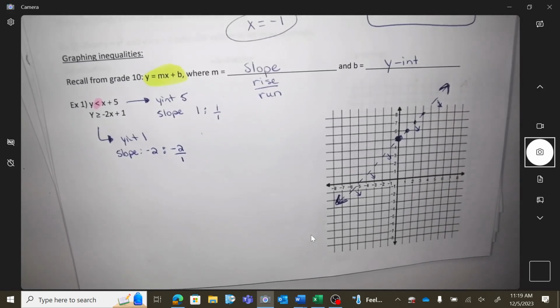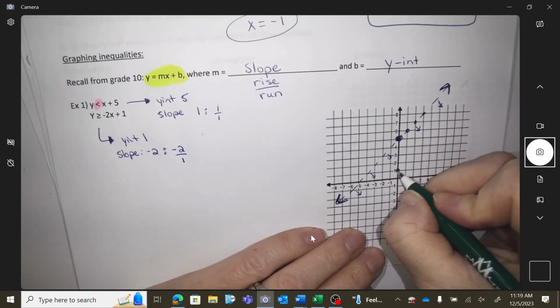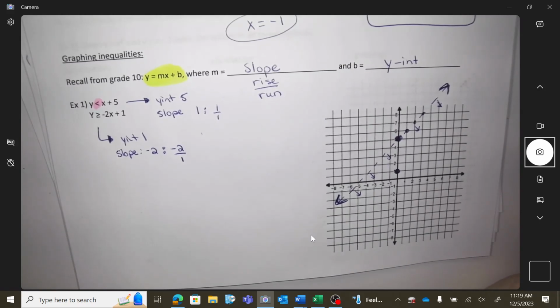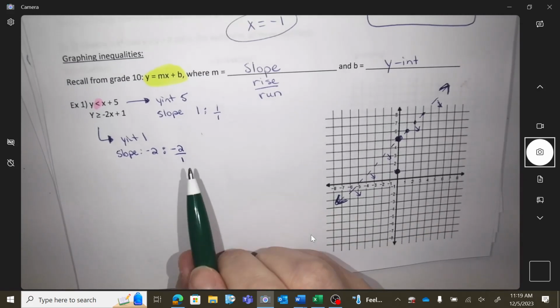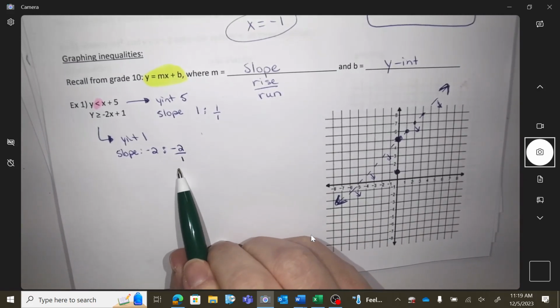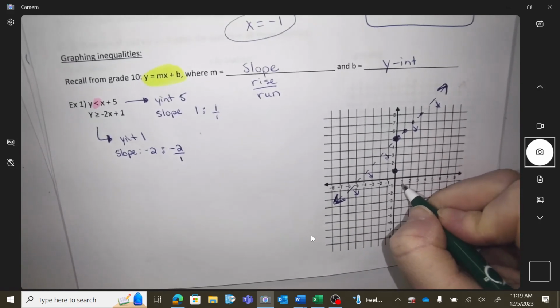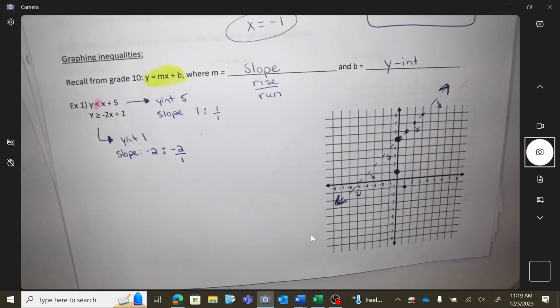Okay, so now draw me a y-intercept. So give me a coordinate 0, 1. Can you go down? This would say down 2, right 1. Down 2, right 1. Okay, negative slope means you should be sliding down a hill. Positive slope means you're climbing uphill.